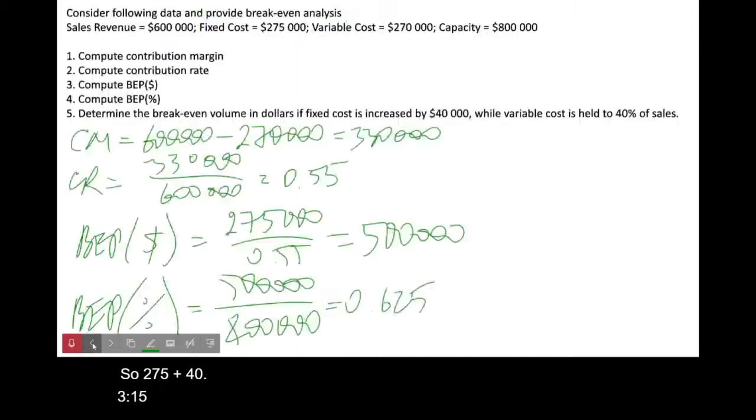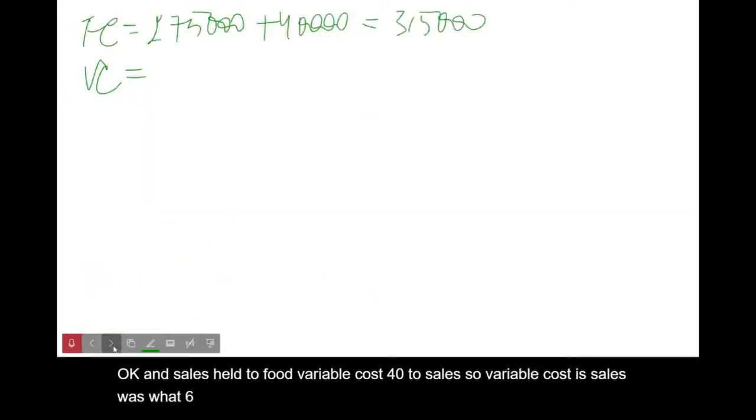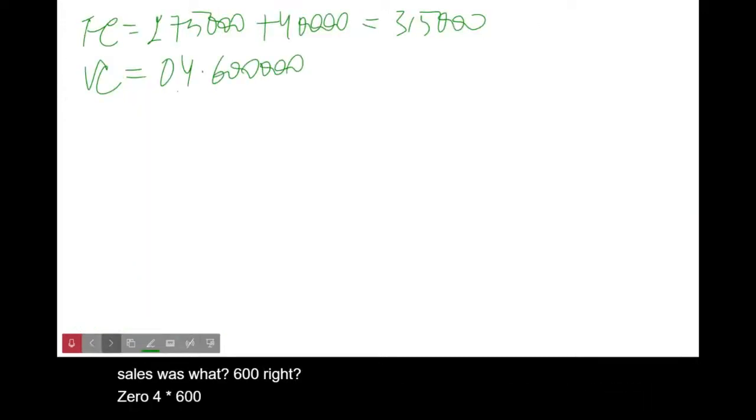Okay, and sales held, variable cost of 40% of sales. So variable cost is, sales was what, 600, right? 0.4 times 600,000, 240.